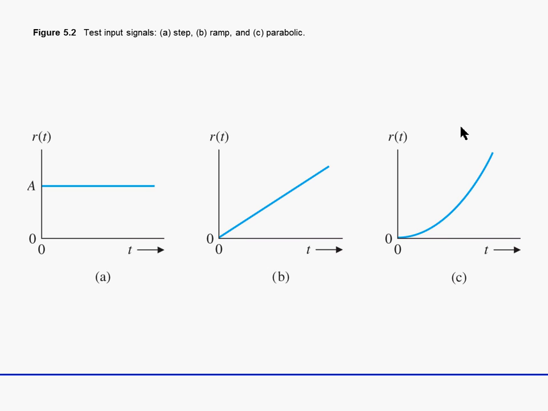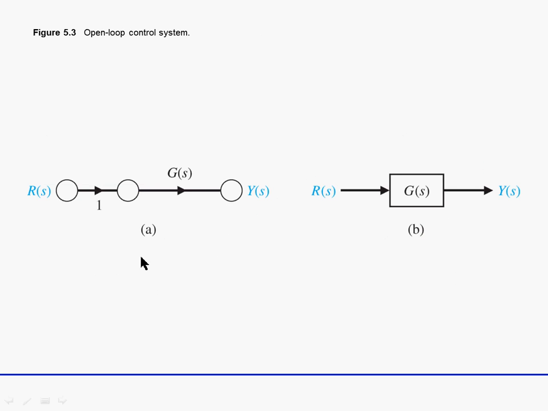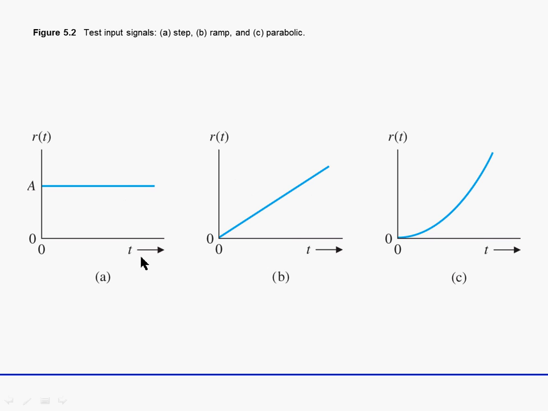On the left hand side, we have a step input signal. This is the step input in here. You can also use a ramp function, or you could use this quadratic. So these are test signals that we have.